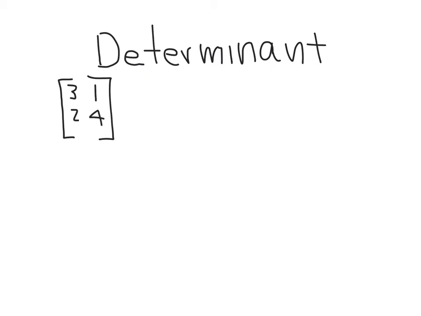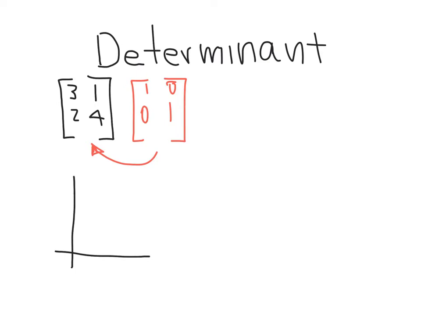What I want you to imagine is that this matrix was before another matrix with these characteristics. So somehow this red matrix turned into this new one that they are asking us to solve for. So I'm going to draw a Cartesian plane and we'll try to draw what this red matrix represents.